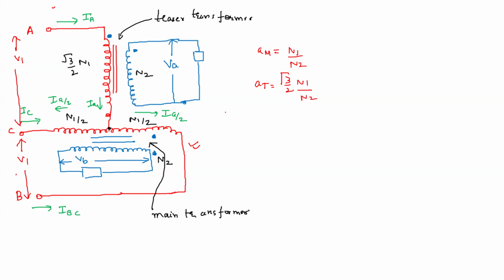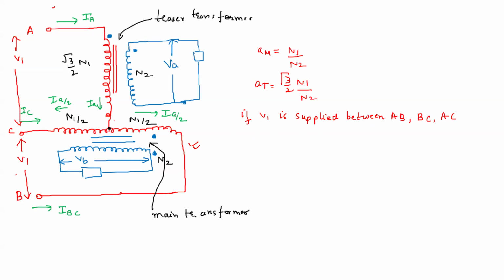Okay. So if V1 is supplied between AB, BC, AC, let me write this point.